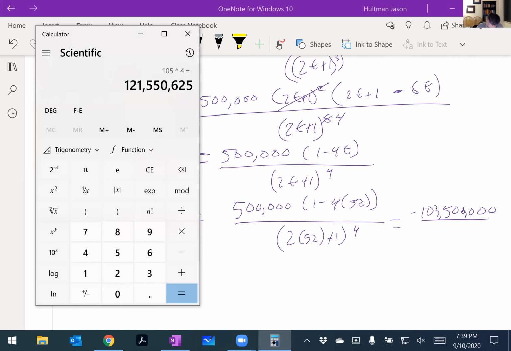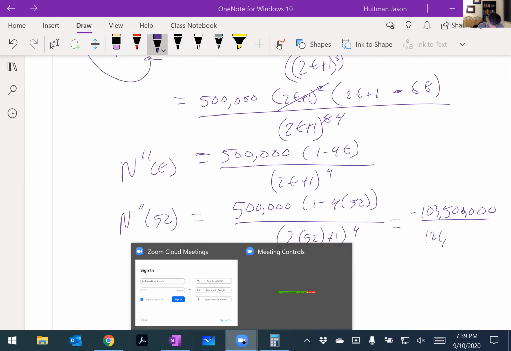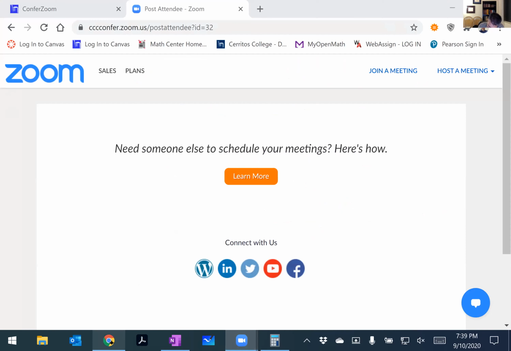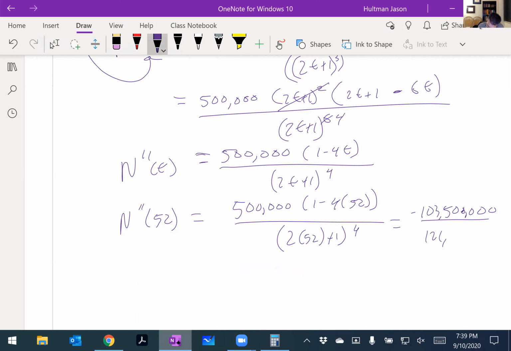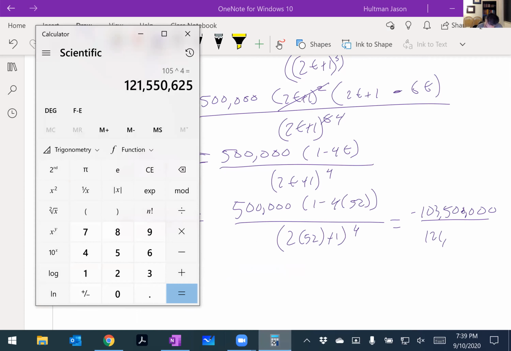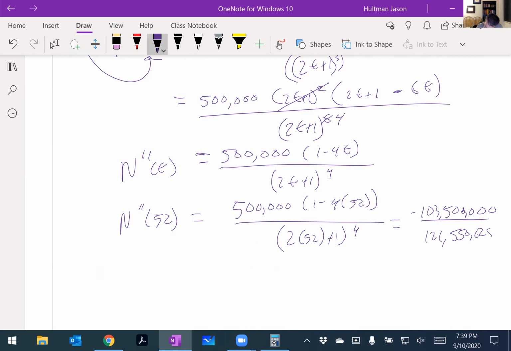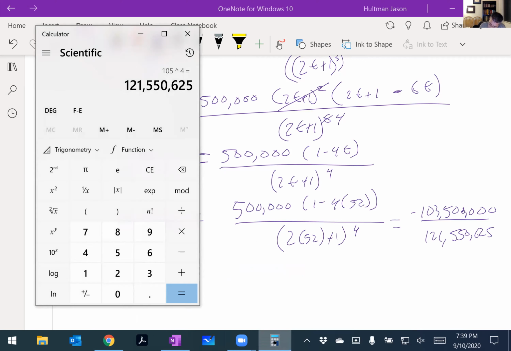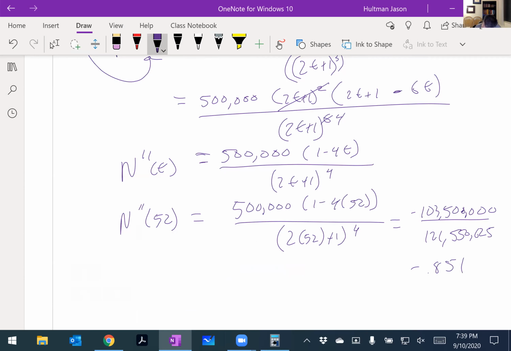That's a big number: 121,550,625. Okay, and I'm going to divide those two numbers. 103,500,000 divided by 121,550,625, and I get about 0.851. So this is negative 0.851.